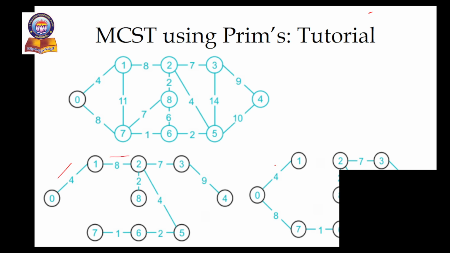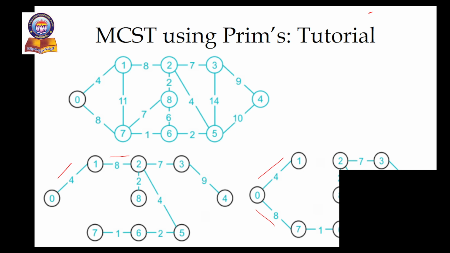And in the other, 0 to 1 with the edge cost 4, 0 to 7 with the edge cost equal to 8. Because we have obtained two minimum costs, you can select either one, and ultimately in both solutions the minimum cost will be the same.